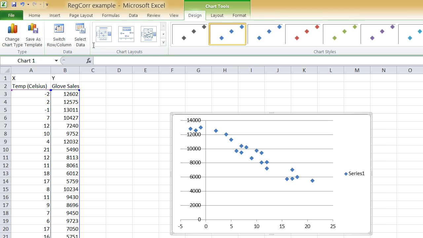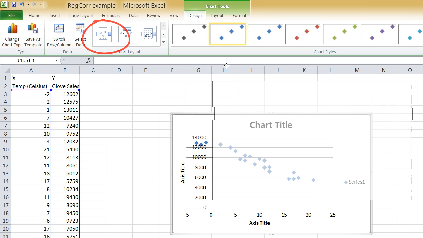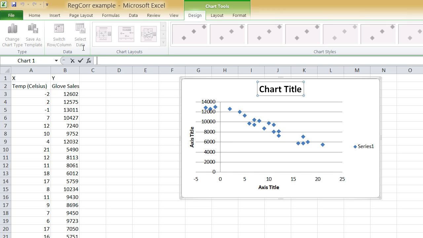Now I'm going to make it a bit more meaningful by adding titles and labels. So I've just clicked on the appropriate chart layout. I'm going to move it to one side, and then if you bear with me I will put in some titles. So this is a scatter diagram for glove sales and temperature.